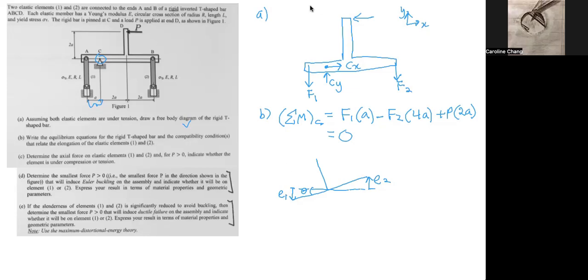And are they both going to be tensile, compressive, or what are going to be the signs of these elongations? Well, let's think about this a little more. I think we drew the directions of the arrows correctly. One is going to be under compression when the other is under tension.